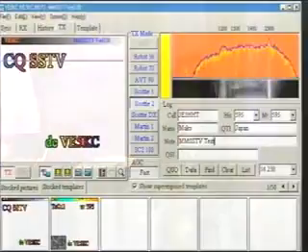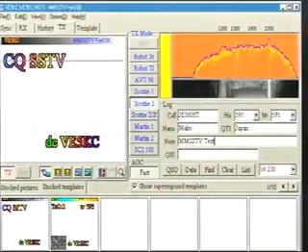The software we use for moonbouncing images is slow scan television. I don't have to tell you about that, I'm sure you know a great deal about it. I learned a lot through Jan about moonbounce and the technology involved.